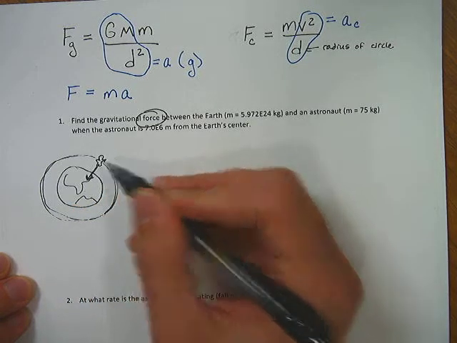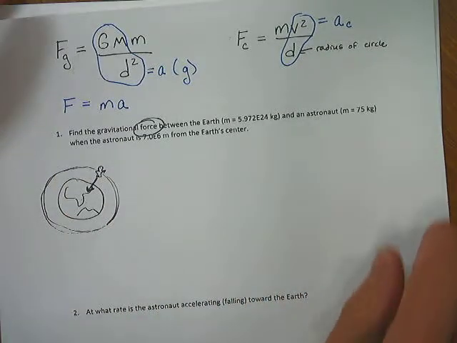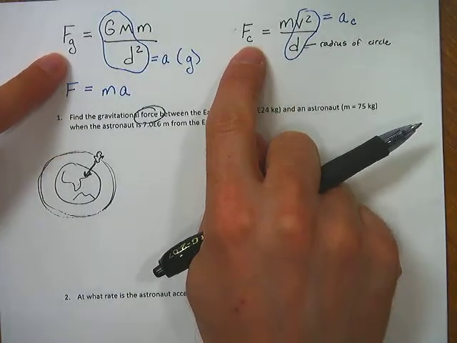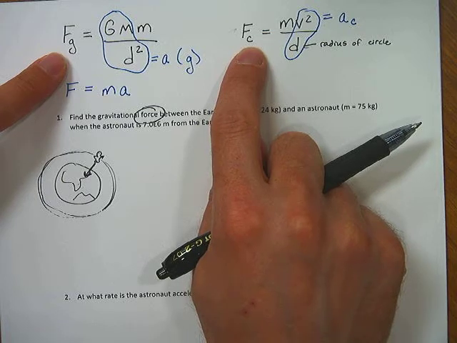And that astronaut, let's say, is orbiting, moving along a circular path. That astronaut's going to feel a force towards the center of the circle, and that force will be gravity. So actually, both of these equations are valid equations, and we could use either one of them, but only one of them is going to allow us to calculate the gravitational force.